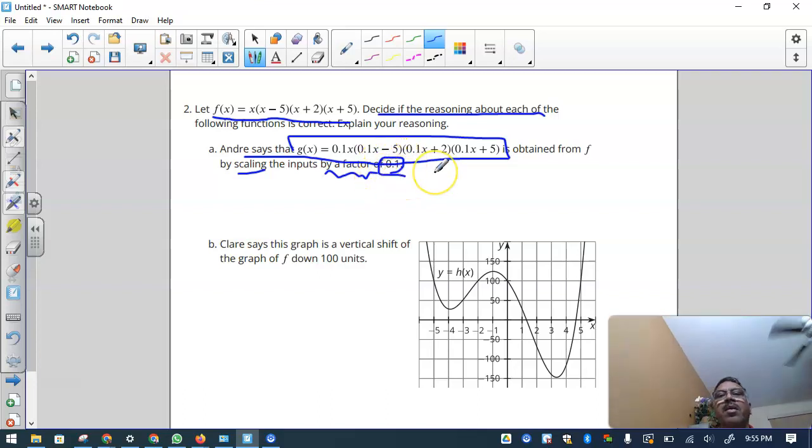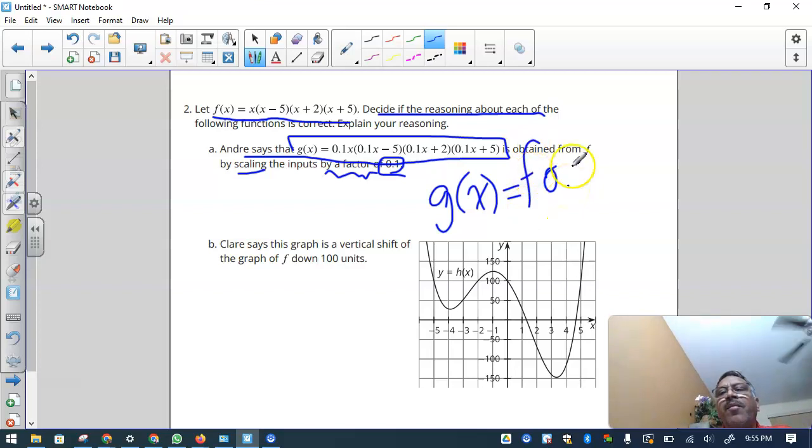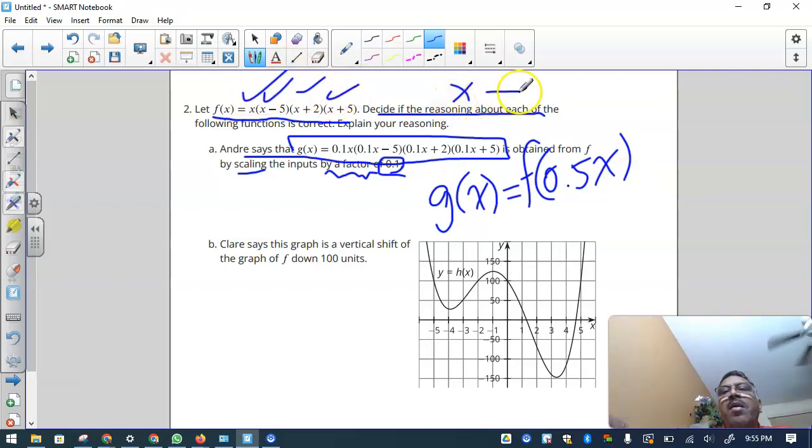So he's talking about the new one, f of 0.1x, and you can see that x is replaced by 0.1x.